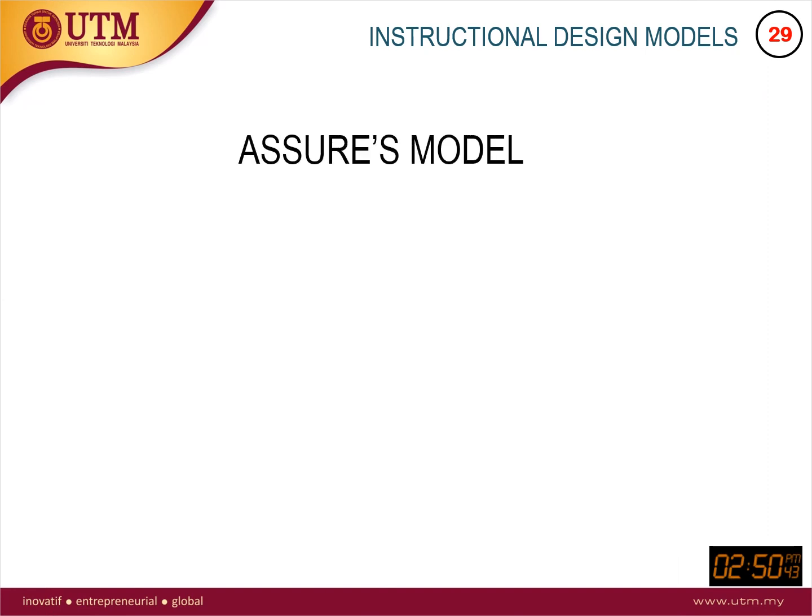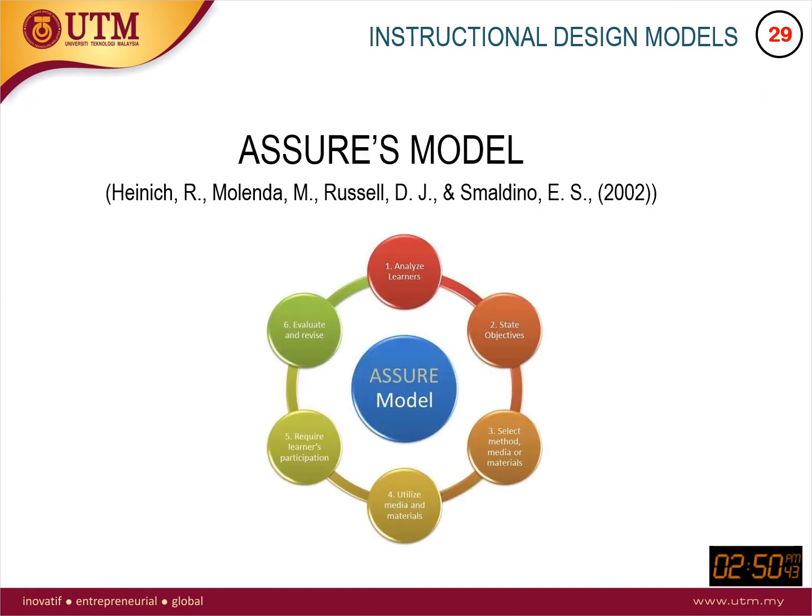First one is the ASSURE model, which consists of these 6 stages. First, analysis, which is the A. Analyze learners. We need to analyze our students' behavior before we conduct this model.